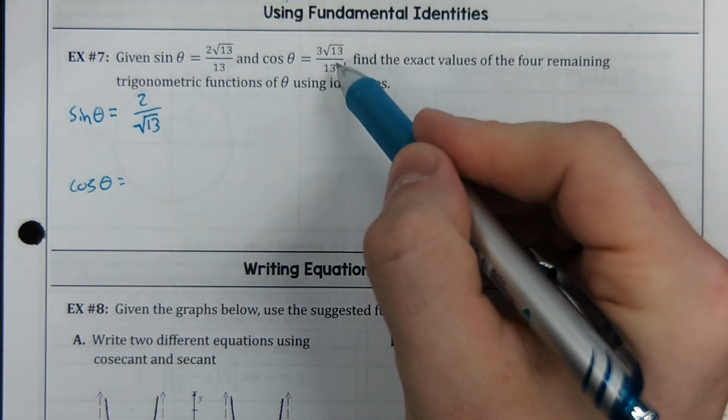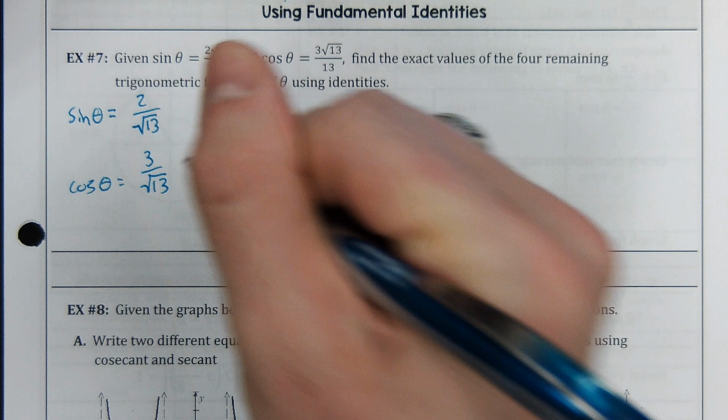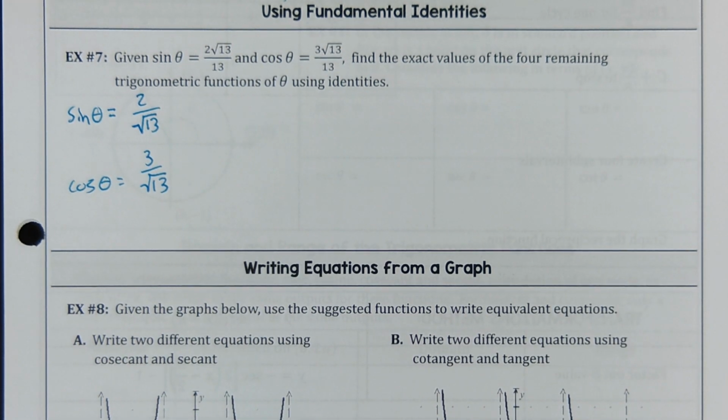Cosine theta, divide the top and bottom by root 13, and you will get 3 over root 13. Oh, all right. So my x isn't 3 root 13. My y isn't 2 root 13. My r isn't 13. My x is 3, my y is 2, my r is root 13. There.